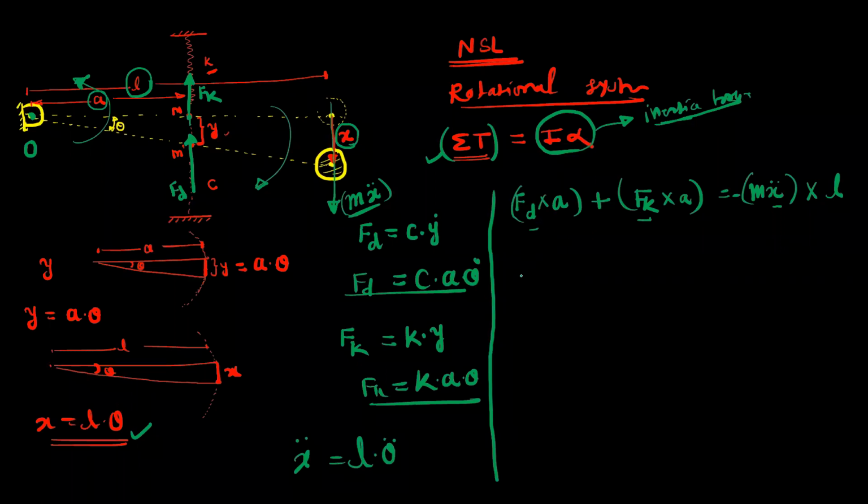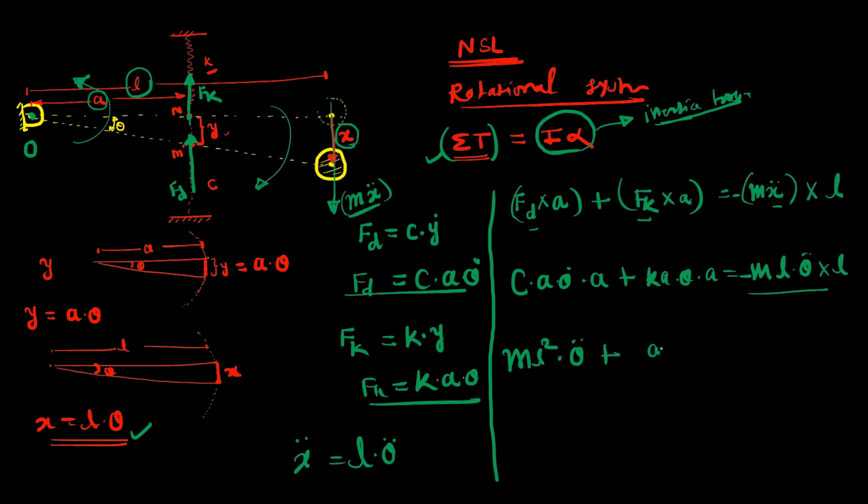Fd is equal to C a theta dot into a, plus Fk is K a theta into a, is equal to minus m x double dot, which is L theta double dot, into L. So take this term on the left hand side, and we will get the complete equation: m L square theta double dot plus C a square theta dot plus K a square theta is equal to 0.